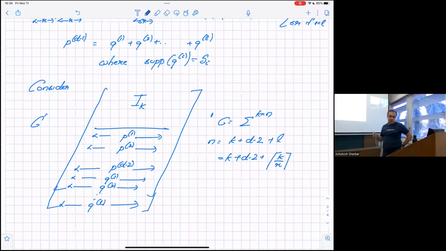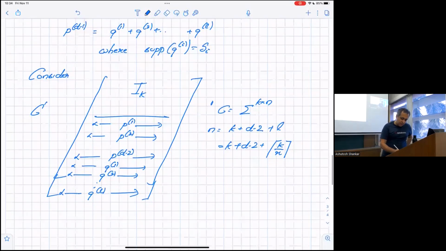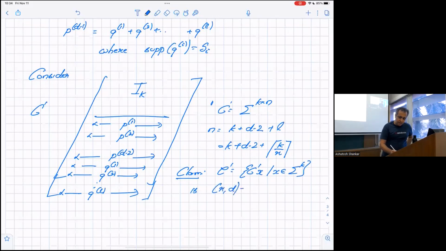Why? So I want to make the claim that the code C prime, given by G prime, is an (R, D)-MLRC.